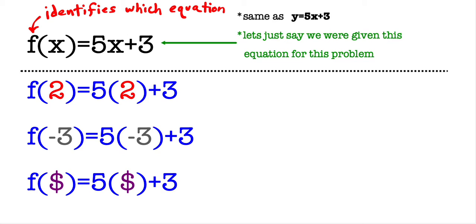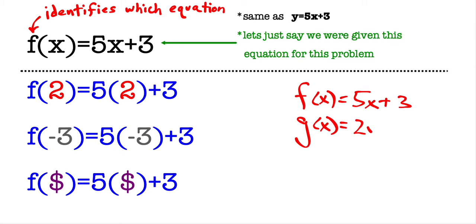So maybe you'll run into a problem where you've got a bunch of different equations written. Okay? So like in that situation, there's 3 different equations, and so then they label each equation differently so that when somebody says g of something, you know it's talking about this equation.